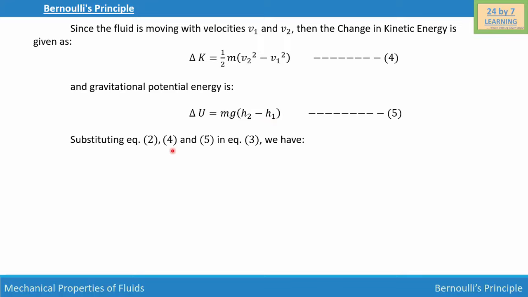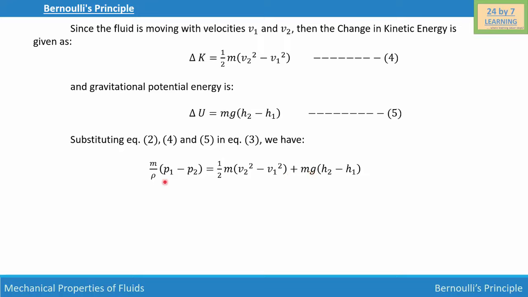Now let's substitute equations number 2, 4 and 5 in equation number 3, because net work done is equal to change in kinetic energy plus change in potential energy. So we will write m over rho (P1 minus P2) is equal to 1 over 2 m (v2 square minus v1 square) plus mg (h2 minus h1).